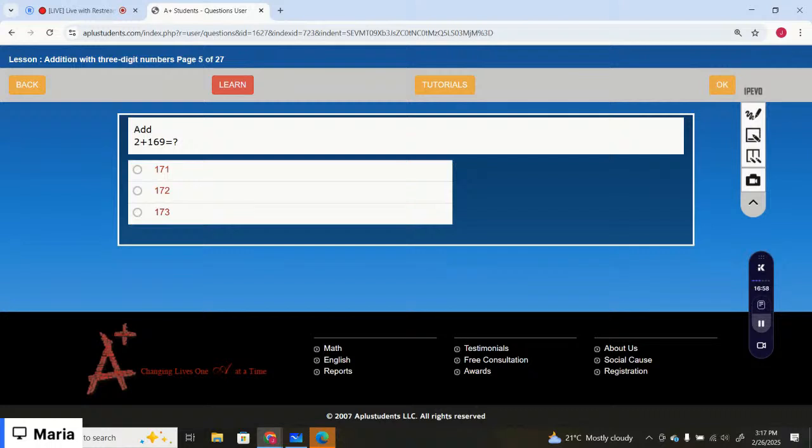169 plus 2, which is the correct option? That is 171.